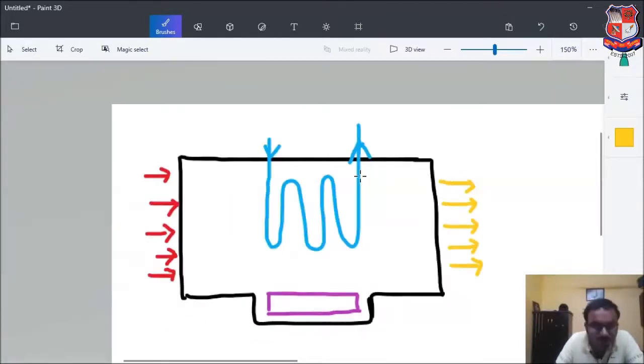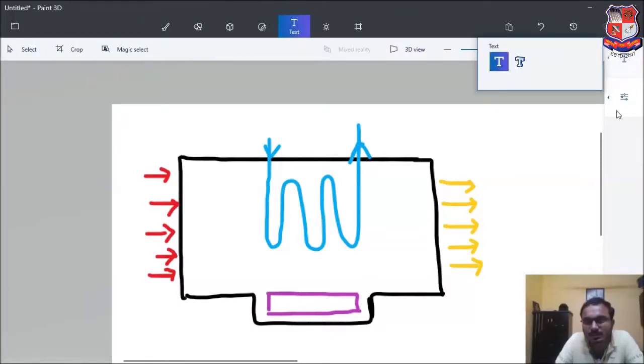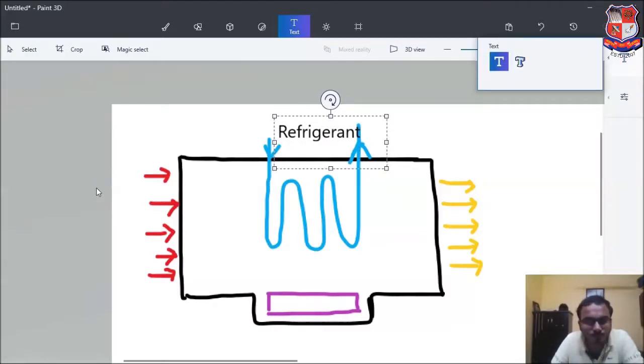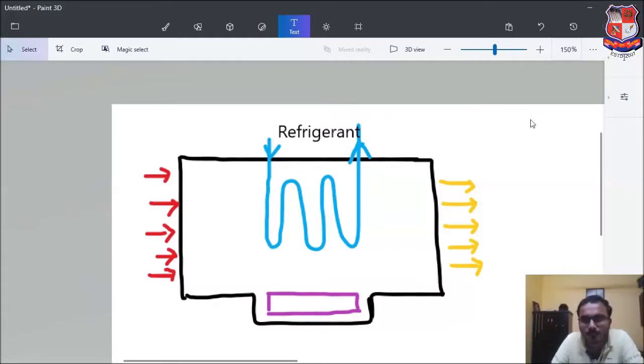Now we can note down the nomenclature here. This will be refrigerant. This will be 1 kg, and at the same time the exit will also be 1 kg.